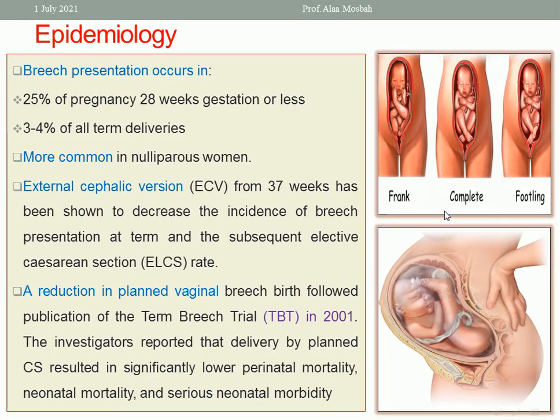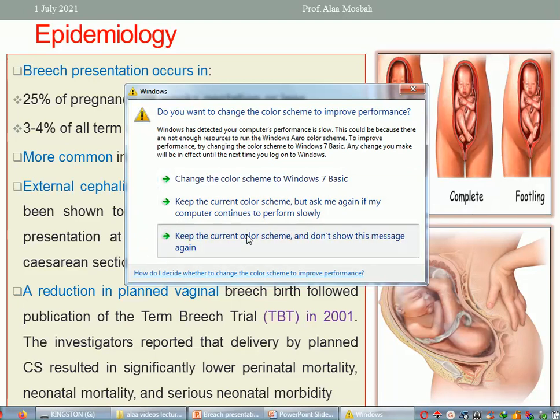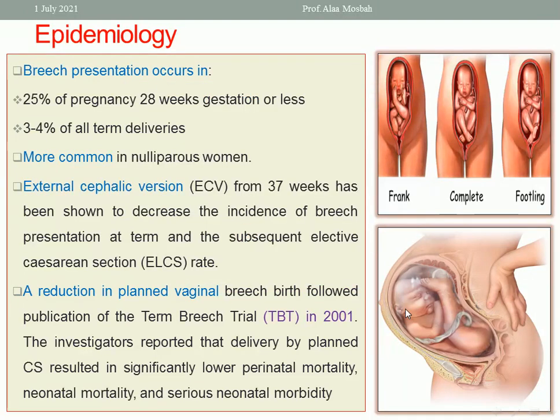What is the incidence of breech presentation? It differs. If it is full term, it constitutes 3 to 4%. If we are talking about the premature, 28 weeks gestation or less, it constitutes 25%. So the incidence in premature is very high.